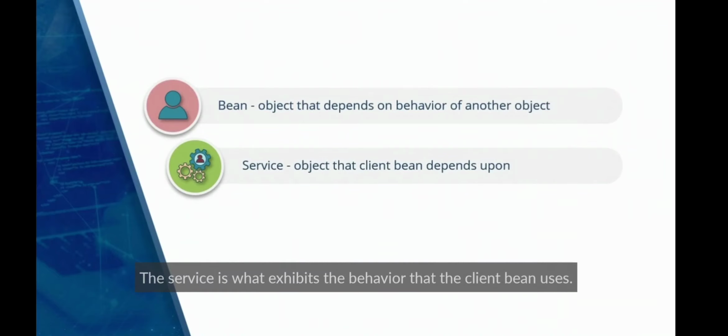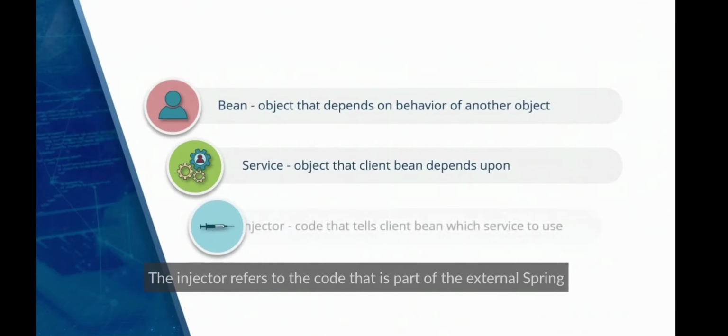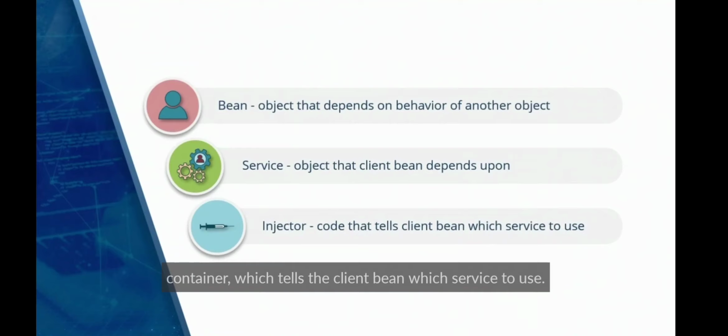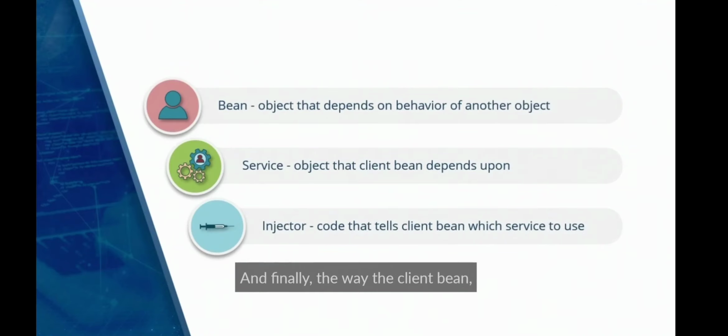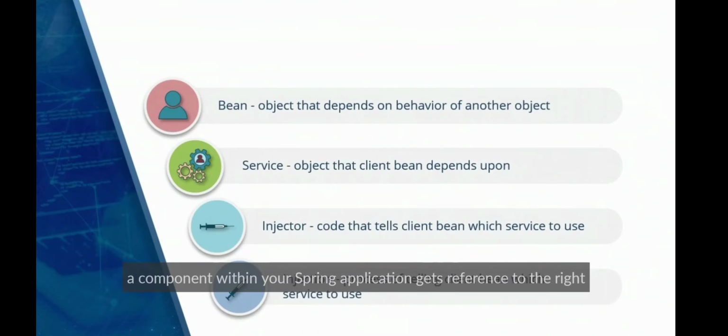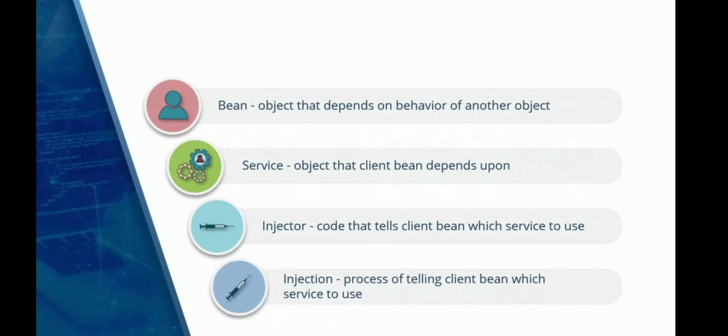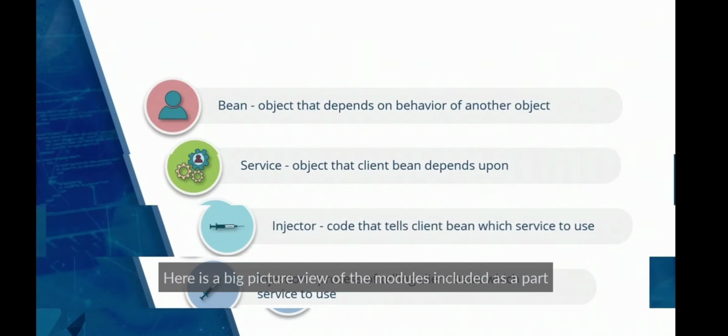The service is what exhibits the behavior that the client bean uses. The injector refers to the code that is part of the external Spring container which tells the client bean which service to use. And finally, the way the client bean, a component within your Spring application, gets a reference to the right service which has the right behavior is via the process of injection.